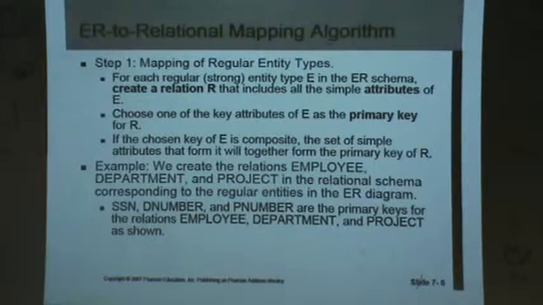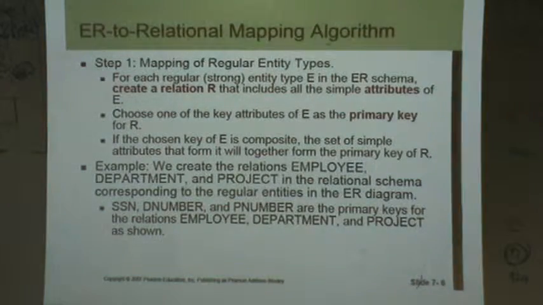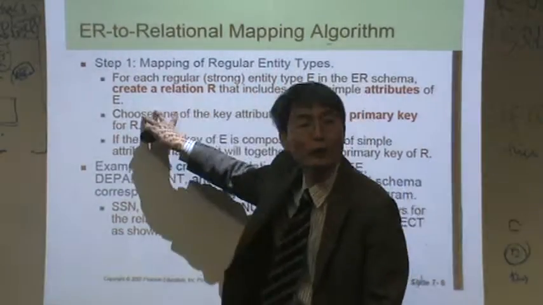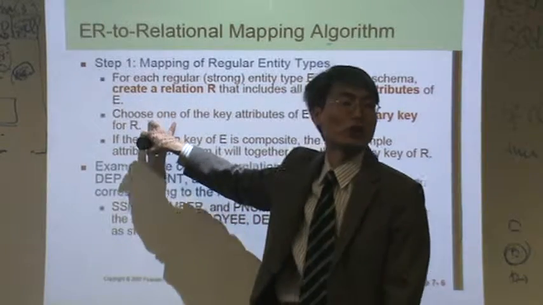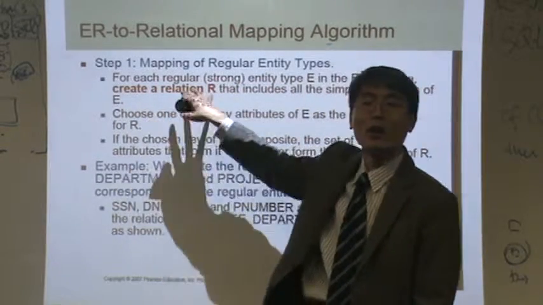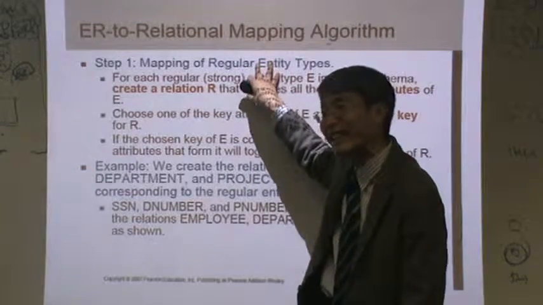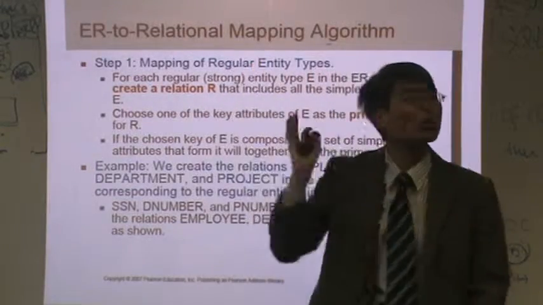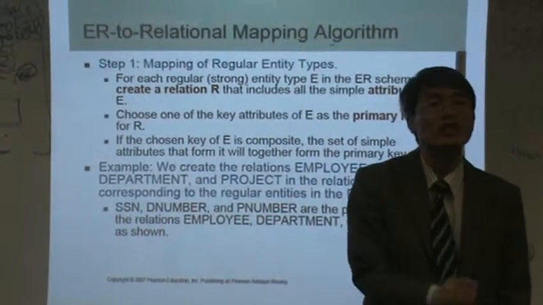Okay, so when you convert an ER model to a relational database schema diagram, for the entity type we create a relation table. Then one of the keys. This is a strong entity. It's not a weak entity, because a weak entity does not have a key.